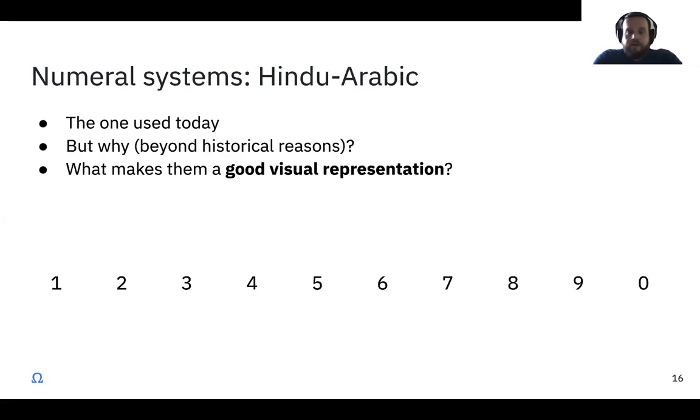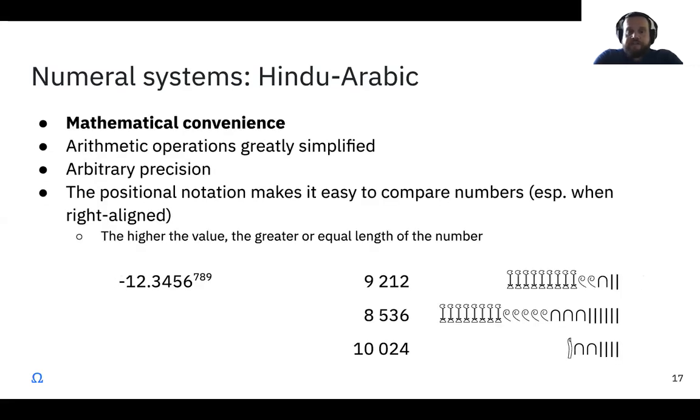The answer is mathematical convenience, because arithmetic operations are greatly simplified by writing the numbers the way we do. You can imagine Egyptian numbers or Roman numbers, or choose your favorite historical numeral system, and imagine doing advanced math with that.